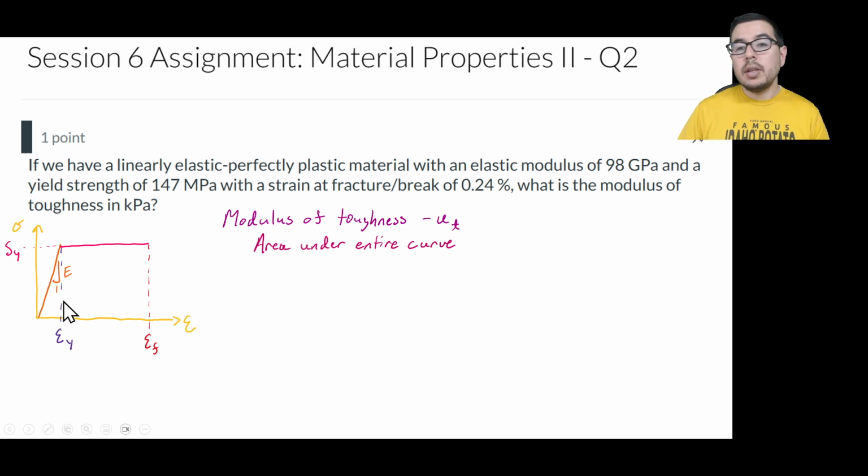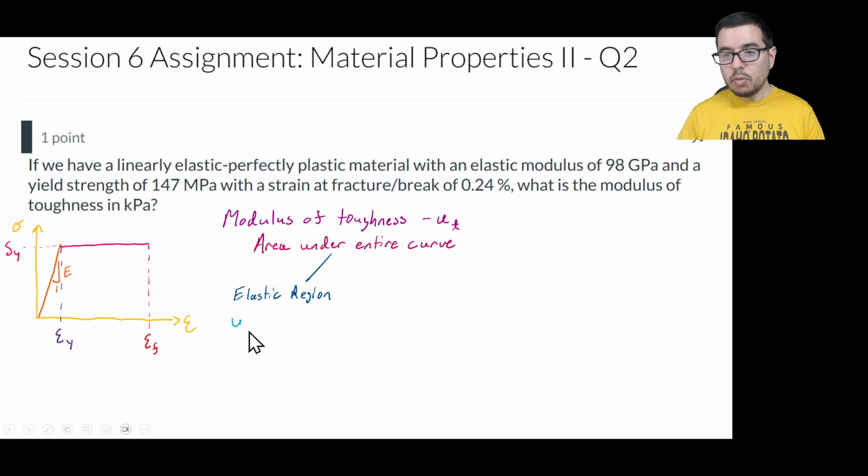For this curve, we have an elastic region and we have a plastic region. First, for the elastic region, we have what we also call a modulus of resilience, and that's just the area under this triangle here on the left. That area would be half of the height times its width.